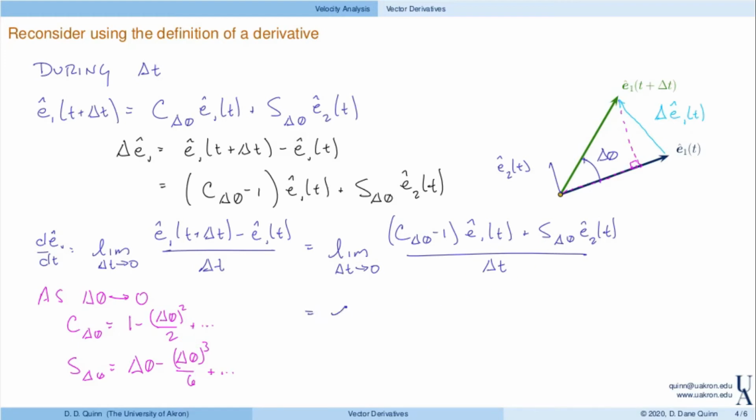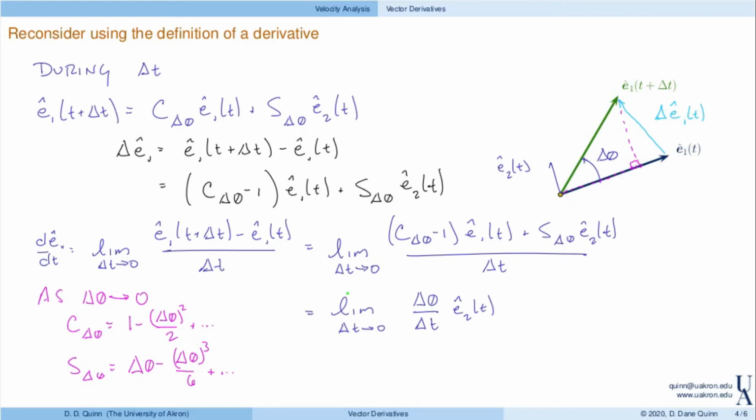For this second term, sine of delta theta, well, again, that's small, delta t is small, so the ratio could be order 1, but this next term is really small, so that gets neglected. And I end up with delta theta divided by delta t in the E2 direction.